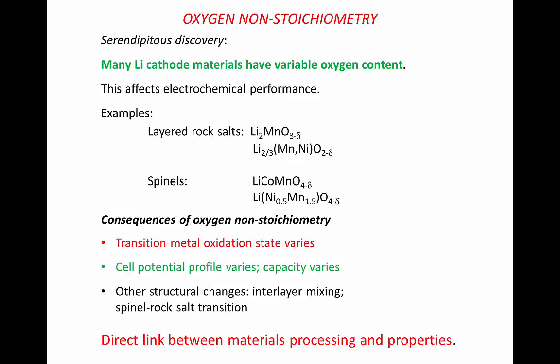So to make the lithium cobalt oxide, lithium manganese oxide, and so on phases, you react together lithium carbonate with the oxides of manganese and nickel and cobalt and so on, and then heat them at high temperatures to get into diffusion and to form your rock salt or spinel product. And then after that, cool the samples to room temperature.